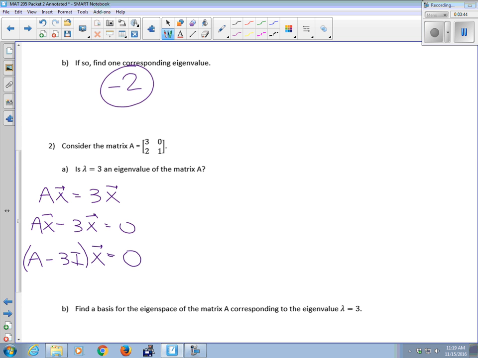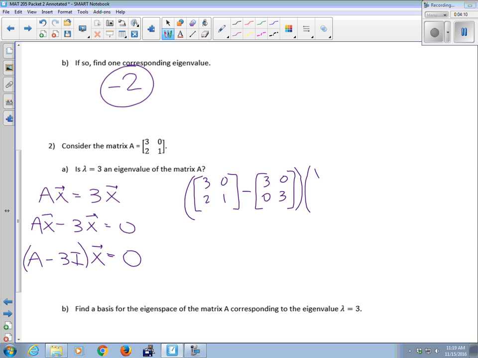This is the same equation you've been solving to find steady state vectors, except instead of A minus I, now it's A minus 3I. A is [3, 2; 0, 1]. 3 times the identity is [3, 0; 0, 3].